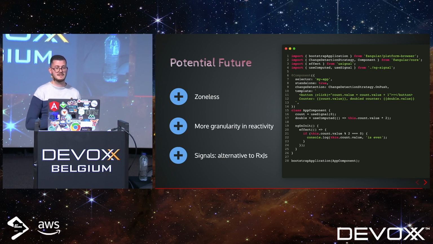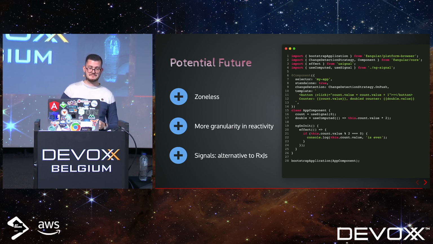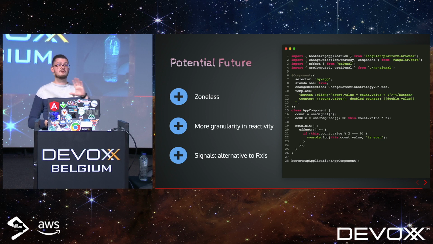You already have a POC for the integration of Vite. It's called analog.js. You can already try it, but don't use it in production. It's just a POC, and if you try it, give the authors feedback. It will be awesome.